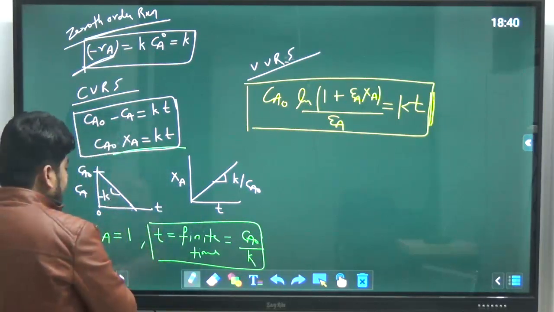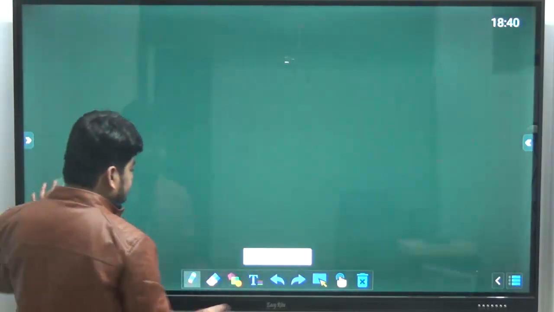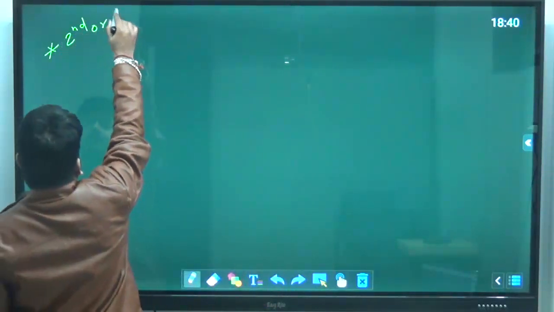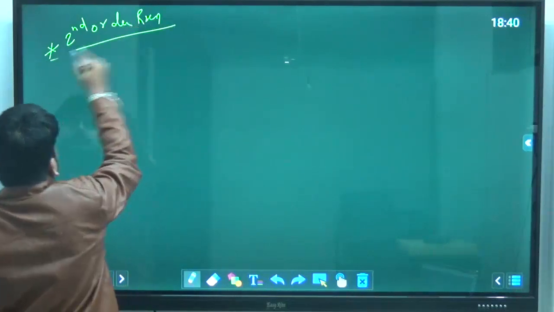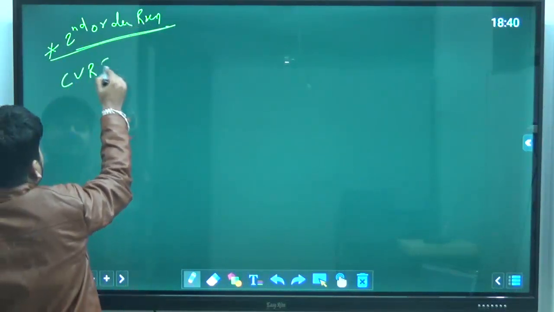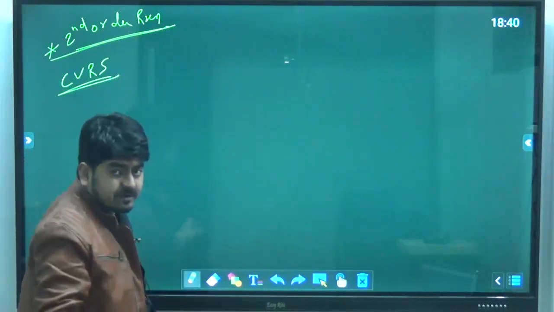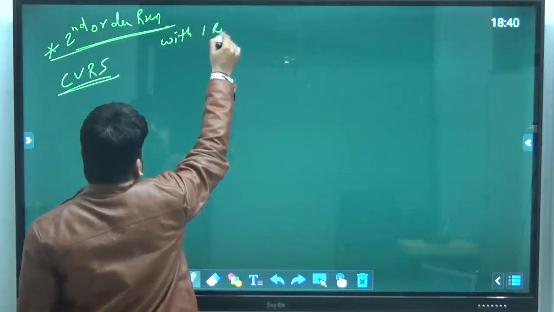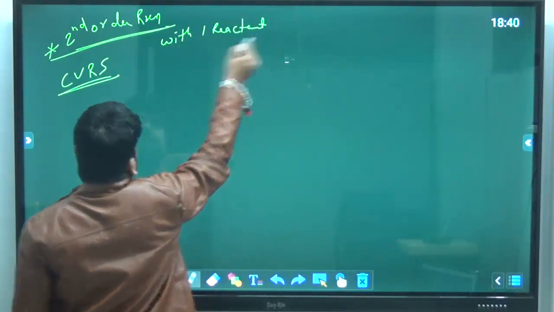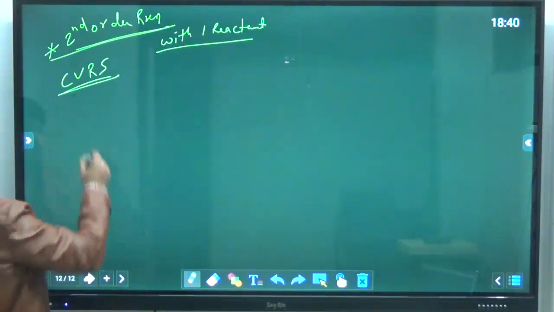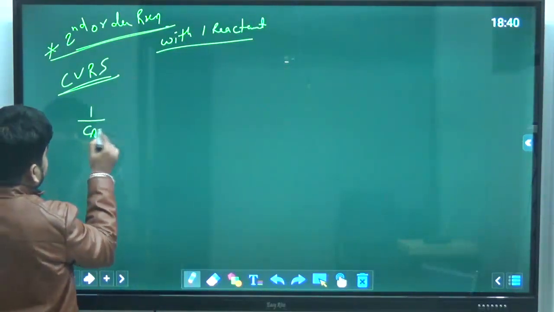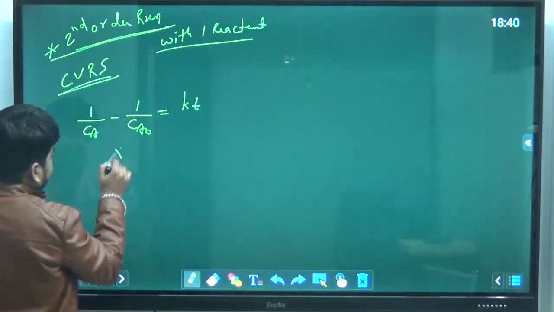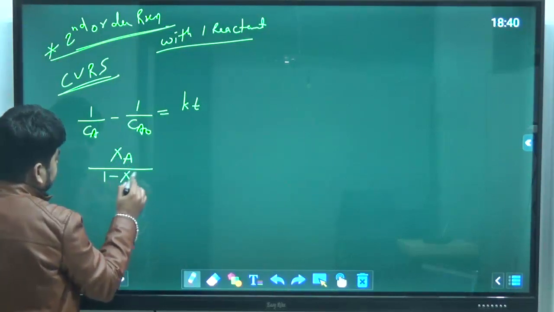Similarly, if I talk about the second order reaction, second order reaction in CVRS with one reactant only, the kinetic equation will be this, or in terms of conversion, you can write it like this.